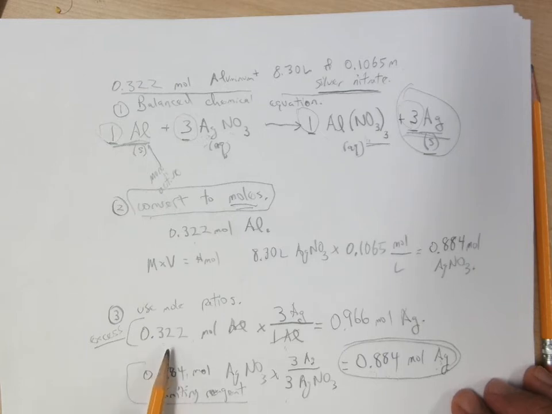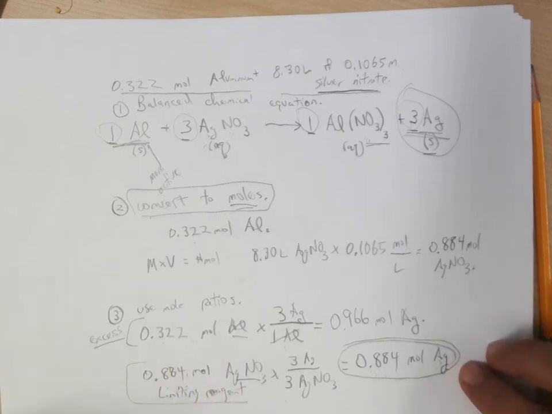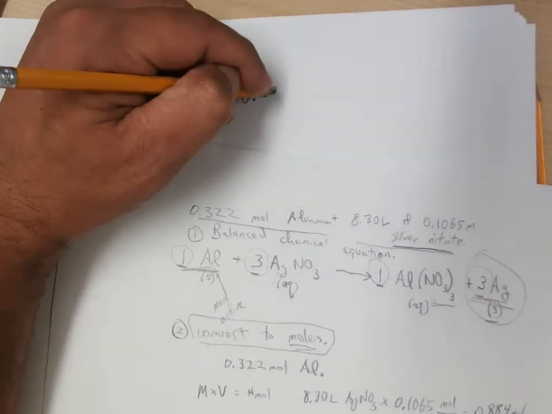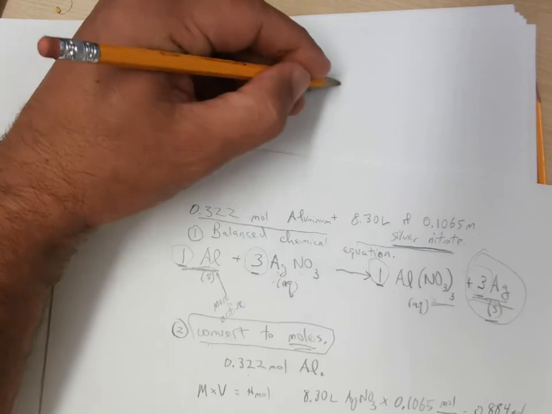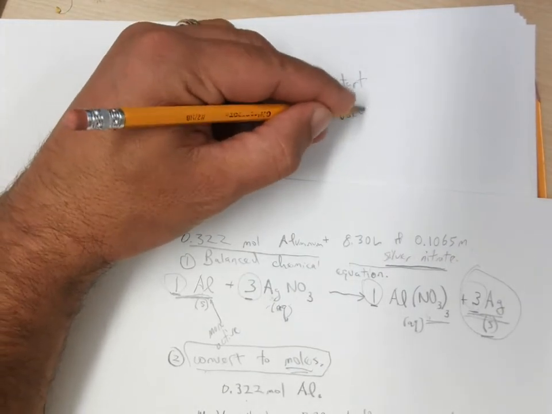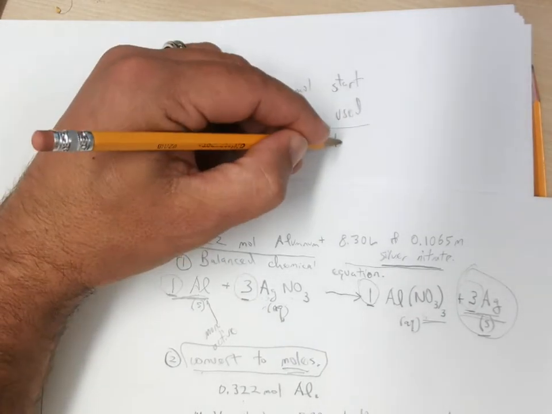We're going to run out of the silver nitrate. We're going to have the excess aluminum. So for the aluminum, we had 0.322 moles to start. Now we need to figure out what we used to find out the leftover.